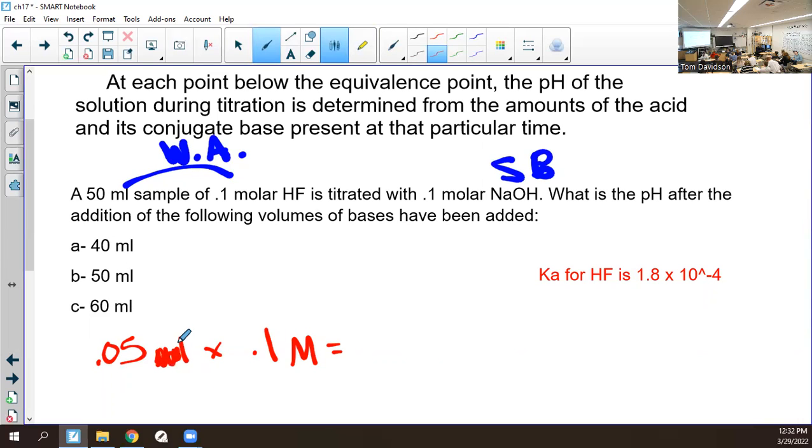What do I end up with? 0.005 moles of HF. That's the weak acid.